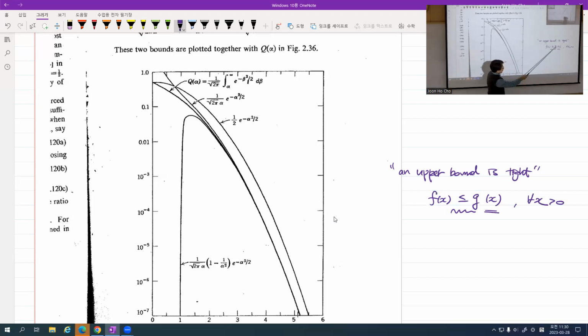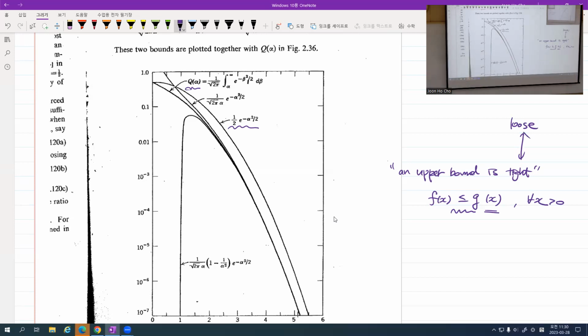When we say this is a tight upper bound on this function, usually we mean asymptotically tight, meaning when x tends to infinity, this difference becomes very small. So here, as you see, this Q function and this upper bound are not tight, okay? And in that case, the antonym of tight is loose. It's a loose upper bound. This is a loose upper bound on the Q function.